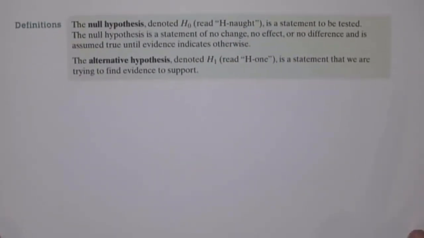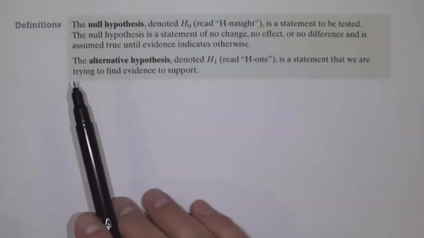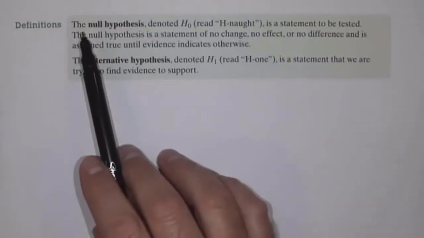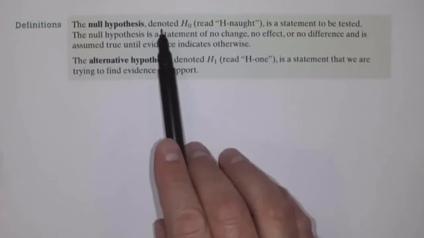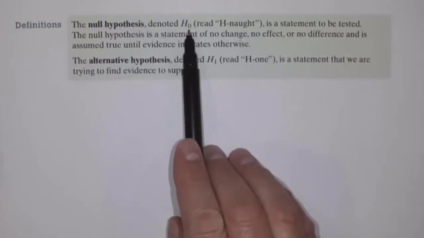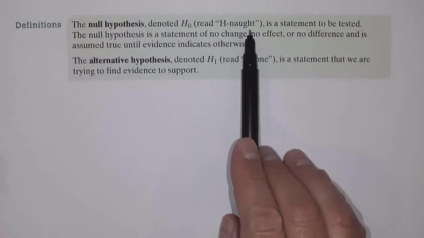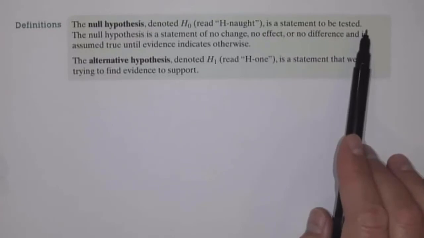Now again, we have some terminology that we need to discuss before we can get into testing. So we have some more definitions. The null hypothesis, which is going to be denoted by a capital H with a subscripted 0, and we're going to read that as H naught. The null hypothesis is a statement to be tested.